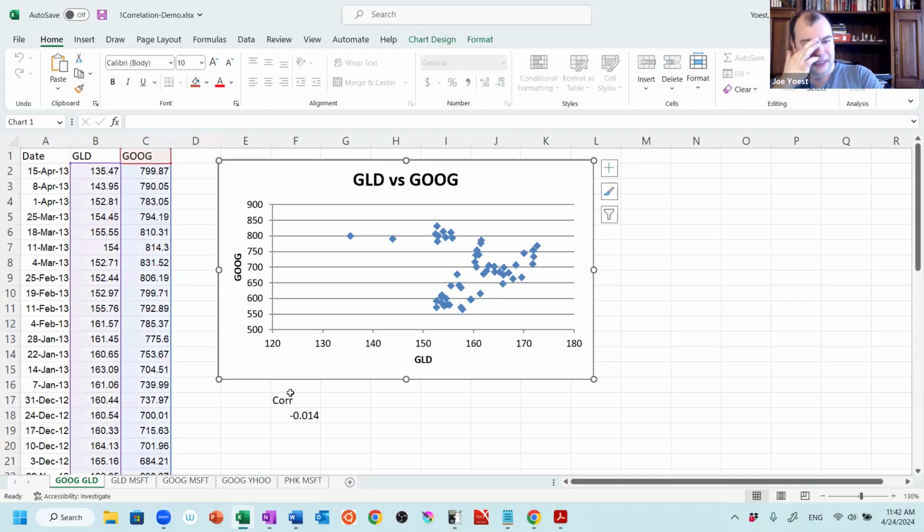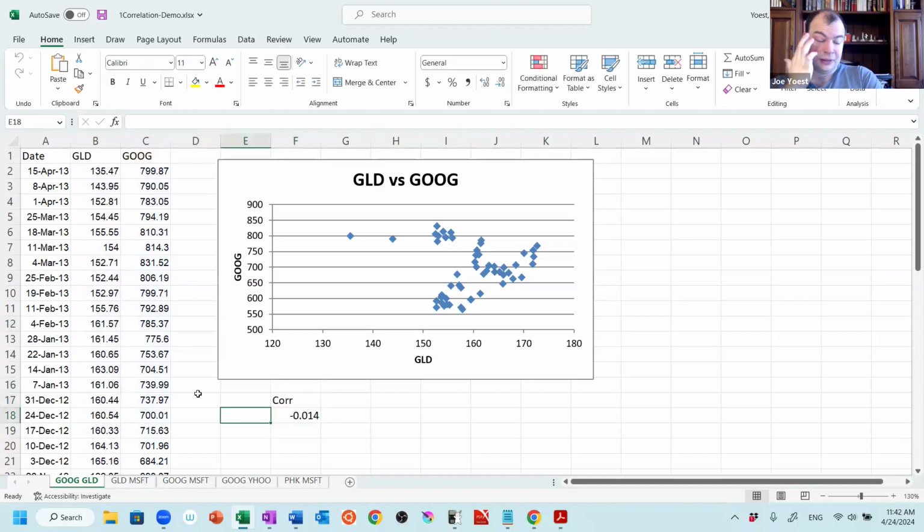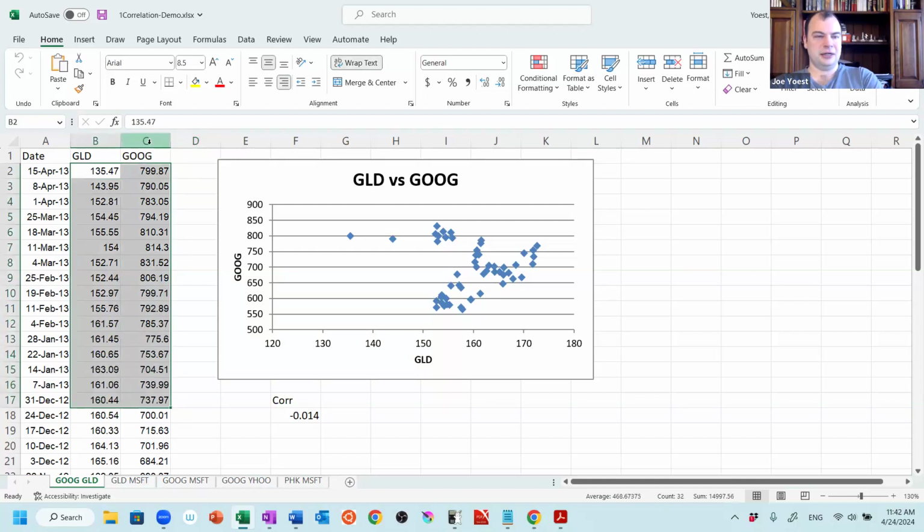I have a scatter plot, and I have a correlation. So we might ask, given a data set, here I have a certain day, I have the paired prices, gold and Google on that day, and a different day, gold and Google on that day. How can I compute the correlation coefficient?